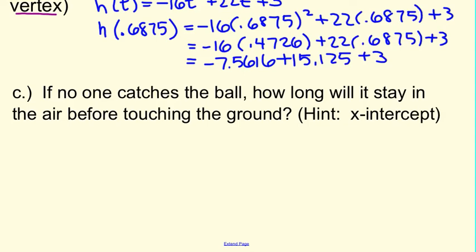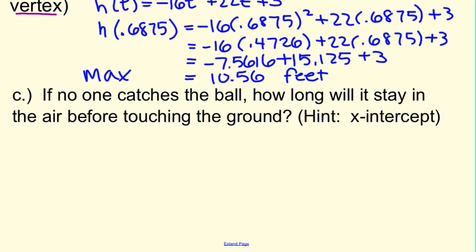And then do our addition and subtraction. So the maximum height will be 10.56 feet.